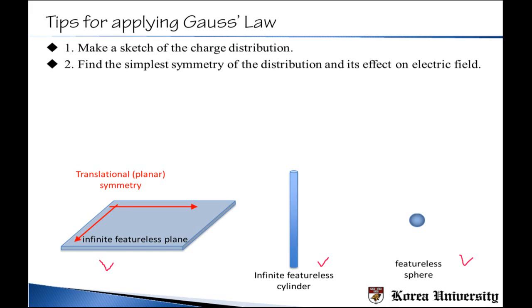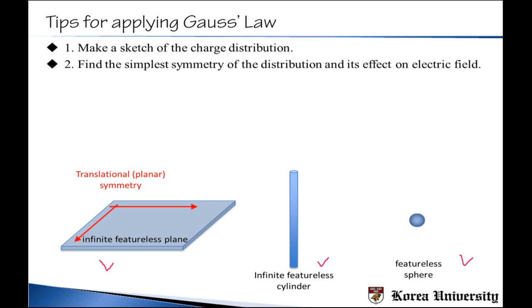But if it is large enough that you can assume it is infinite, then it doesn't really matter whether you move sideways or not. That's what we mean by the translational planar symmetry. As a result, you can easily guess that the electric field will be coming perpendicular from this plate, and is also going up and down, right?